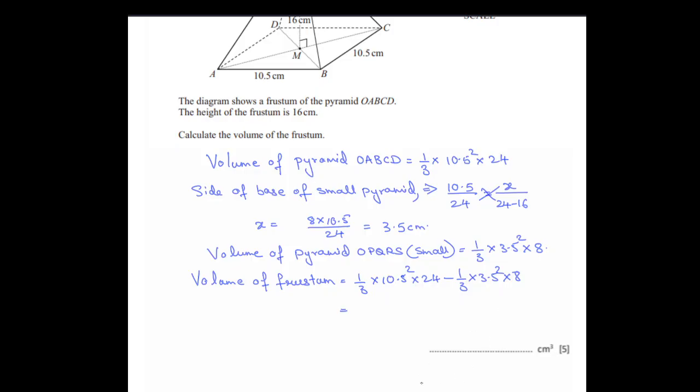However, it will be easy and faster, you can use those methods. 1 by 3 into 10.5 square into 24 minus again 1 by 3 into 3.5 square into 8 gives 849.3333. So 849.3 centimeters cubed.